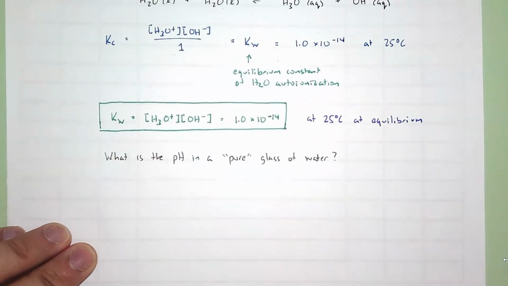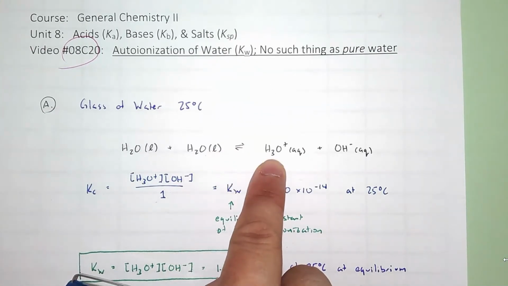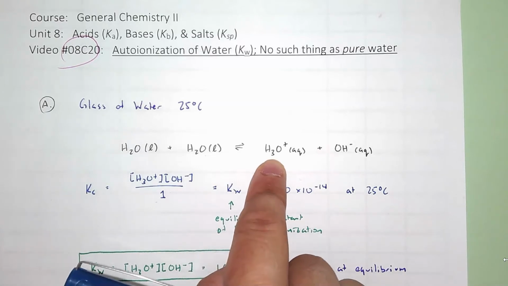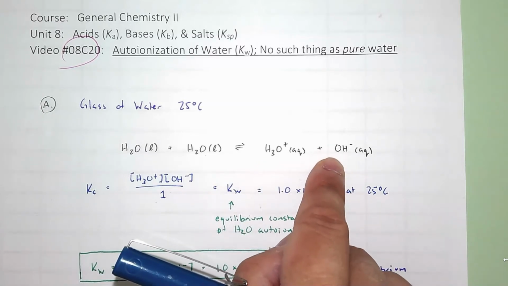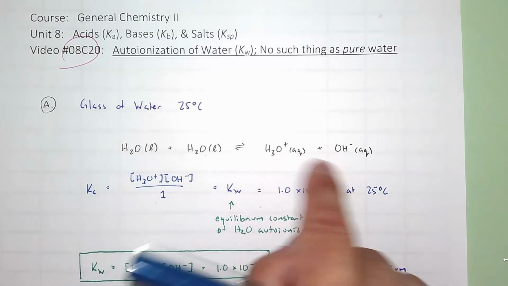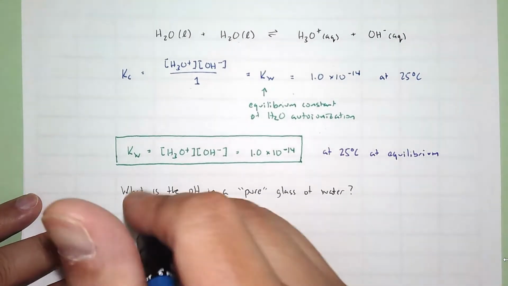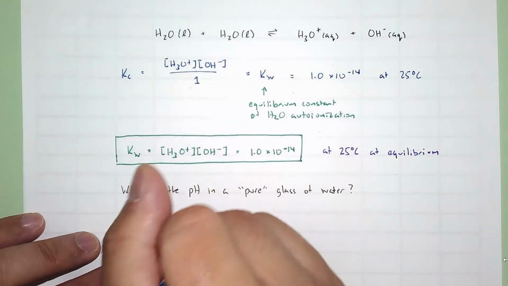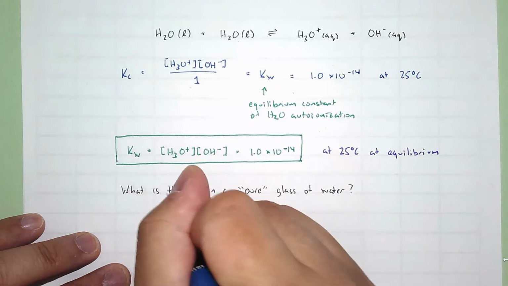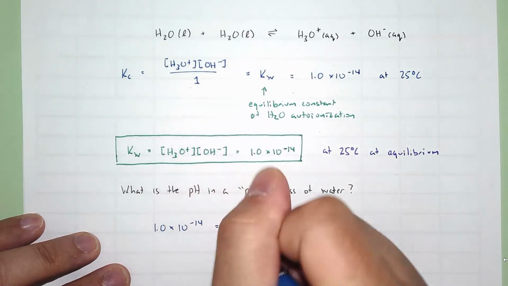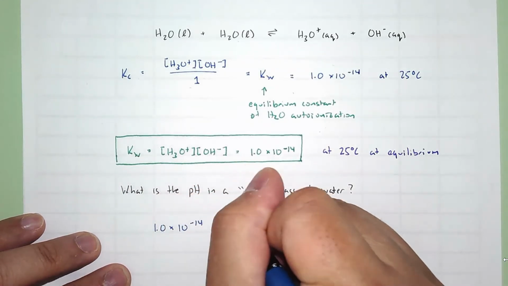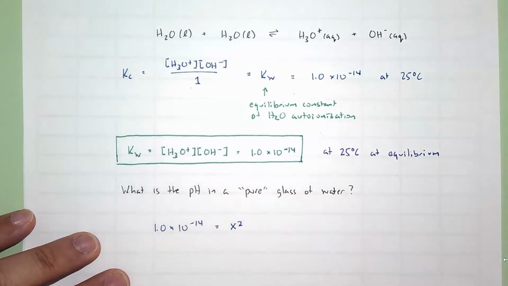Well, if you just have water and you make a molecule of H3O+, you make the same amount of OH-. So the molarities are identical. Well, if the molarities are identical, then all you're doing is solving for this: 1.0 times 10 to the minus 14 equals x squared, because they are identical.